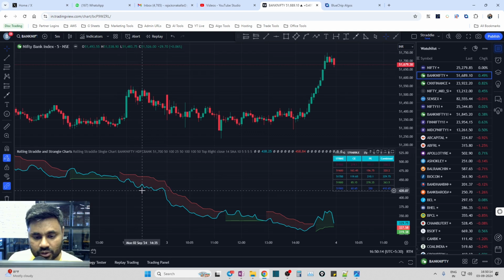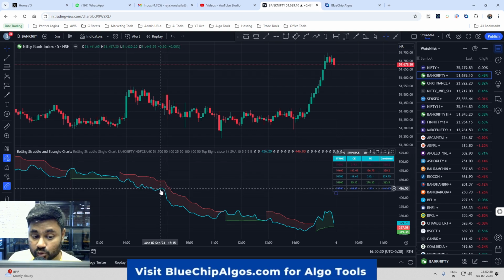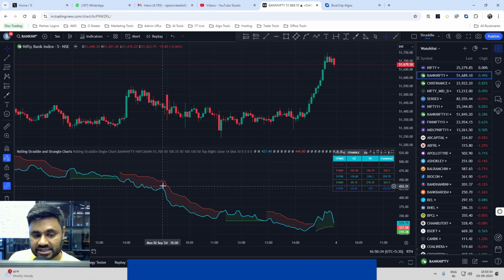Here the chart does not tell us which strike is actually ATM, right? Let's say here you entered and then the price changed, and it is now not 50,000, it's 51,000. Okay, it is taking 51,000 as ATM here, but you cannot very frequently keep on changing the strikes.